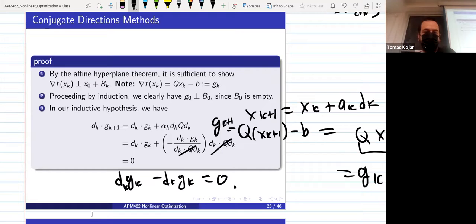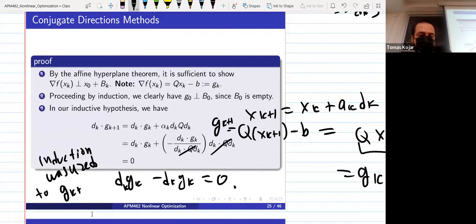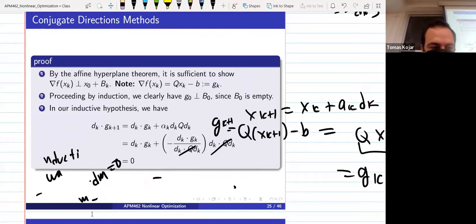So again, as Ben Rui said, induction was used to get g_{k+1} dotted with d_m for m less than or equal to k minus 1. Let me write this clearly here.